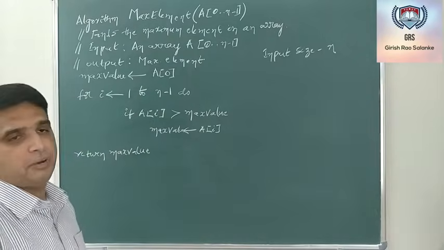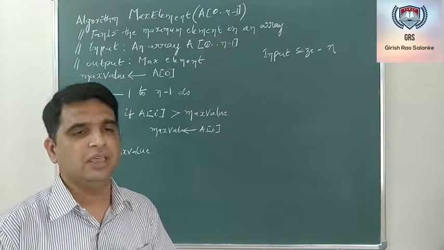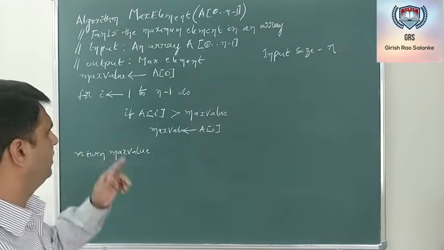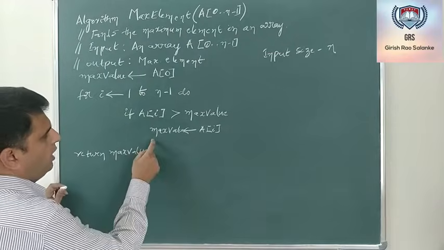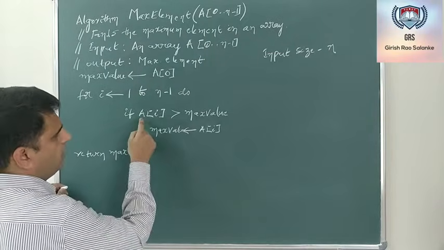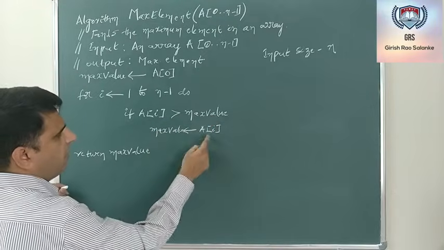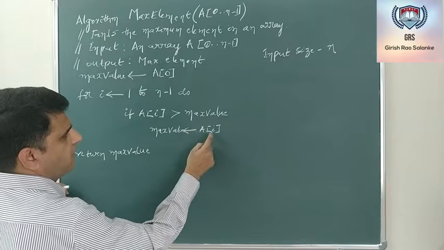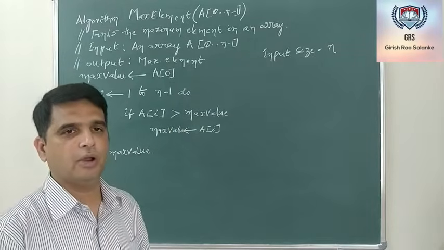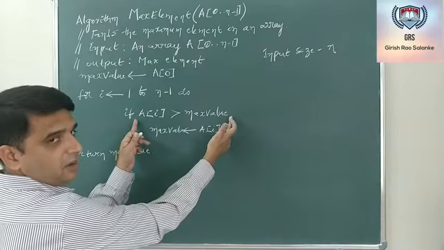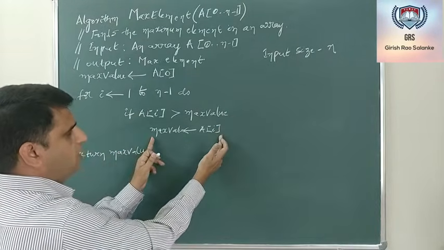Now what is the basic operation here? Generally we know that the basic operation lies within the innermost looping construct. Here the looping construct is the for loop. Within this for loop there are two statements. One is an if condition, if A of I is greater than max value, and the second one is the initialization of max value to A of I. But among these two, which gets executed more number of times? It is the comparison. If this comparison is true, only then does it go for the initialization part.